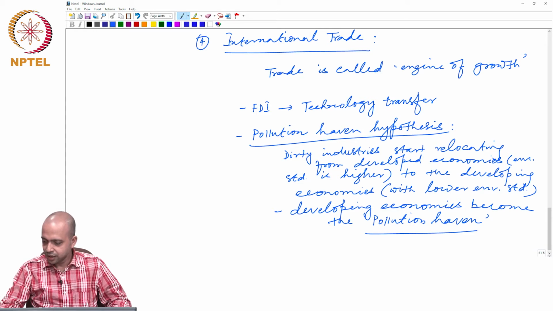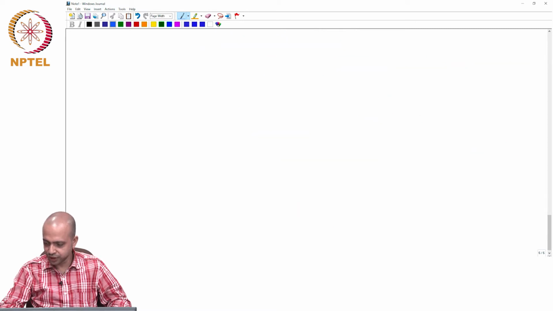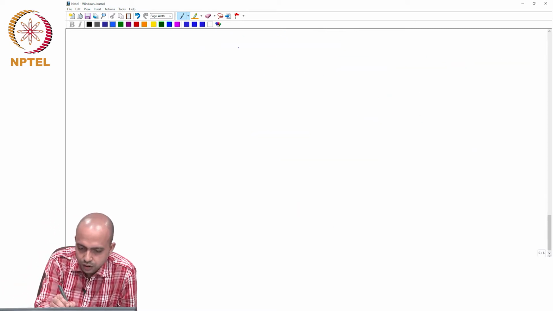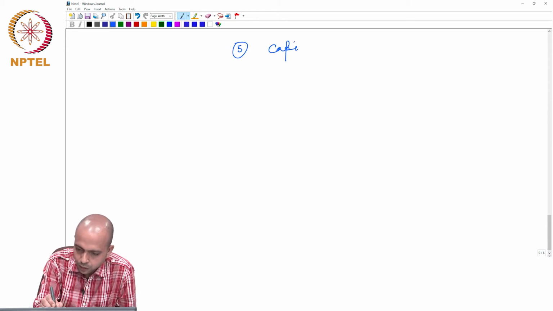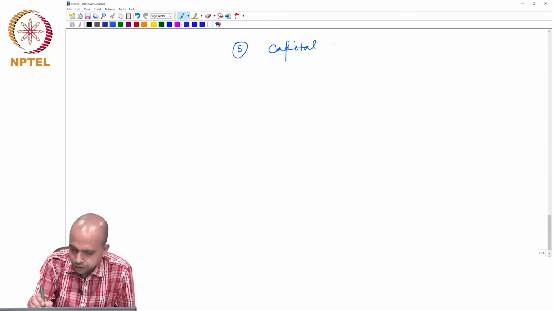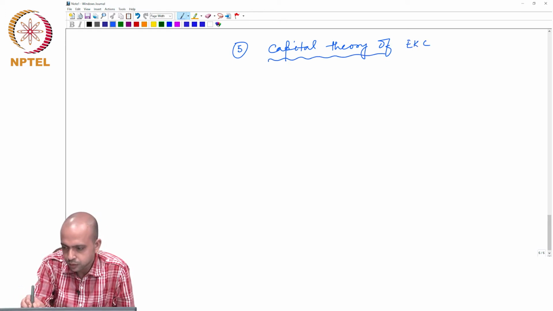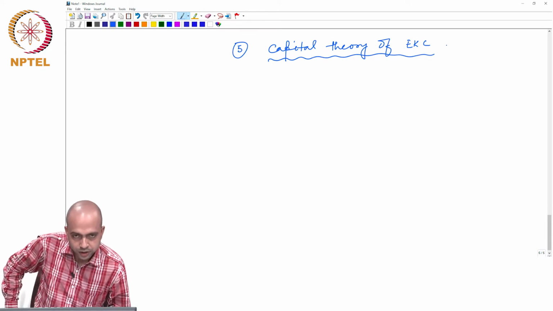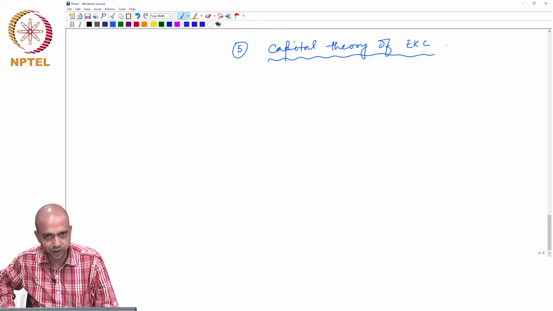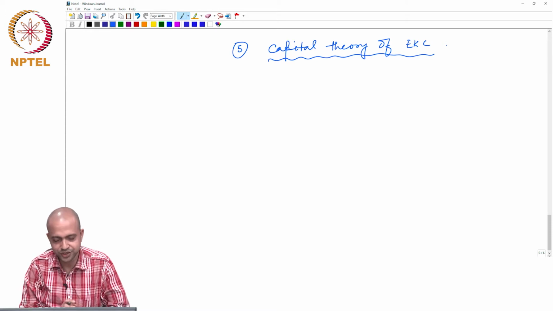Then another important explanation that economists give is the capital theory explanation of EKC. This is called the capital theory of EKC. This is the theoretical framework you can think of for the environmental Kuznets curve.